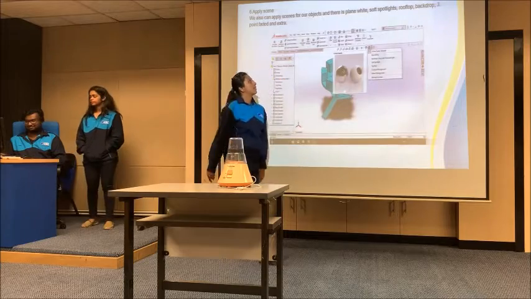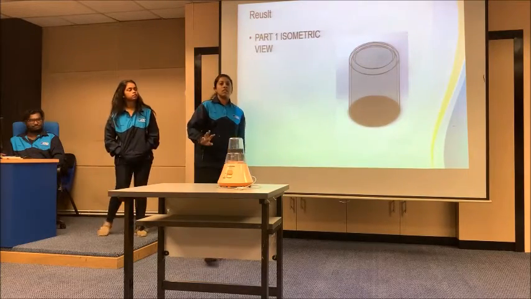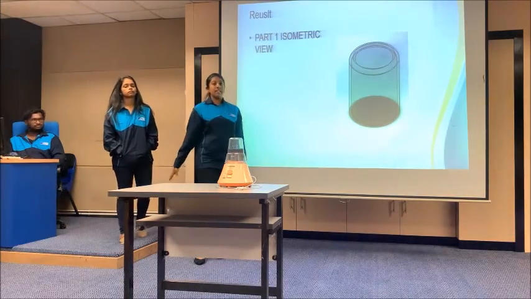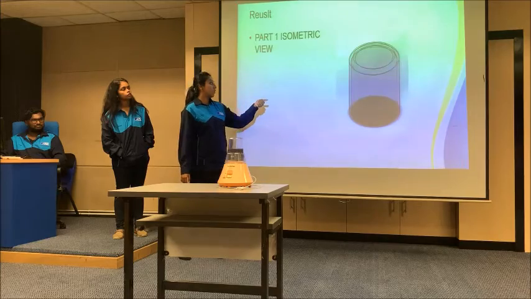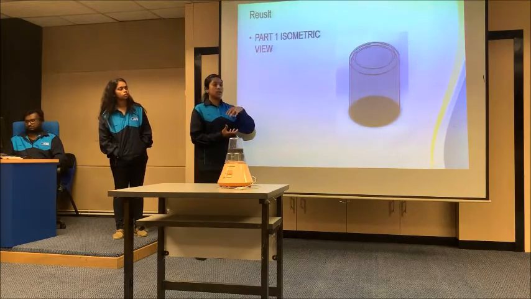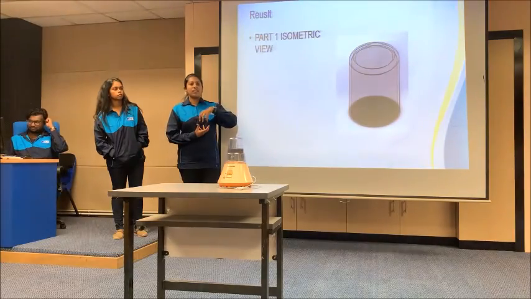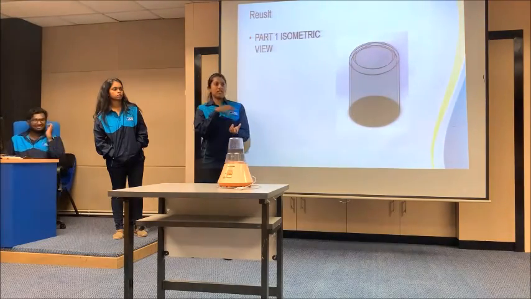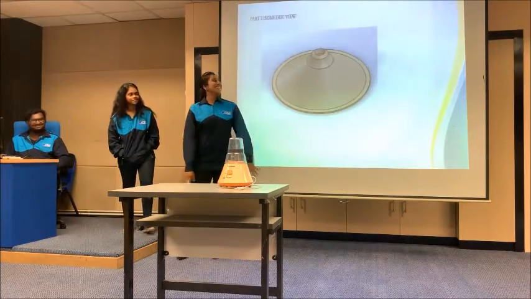Okay, next. Totally we have 9 parts in our project. That means our blender, where this is our first part in isometric view. That is our top cover for the blender, whereby we put our things and fill our foodstuffs and blend it out.